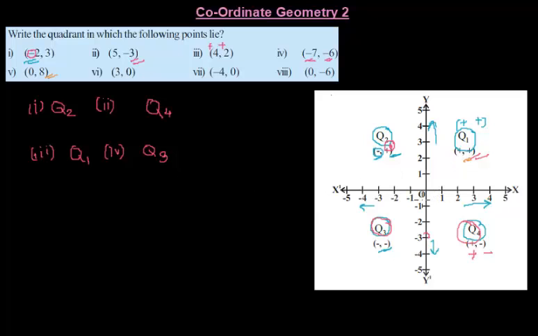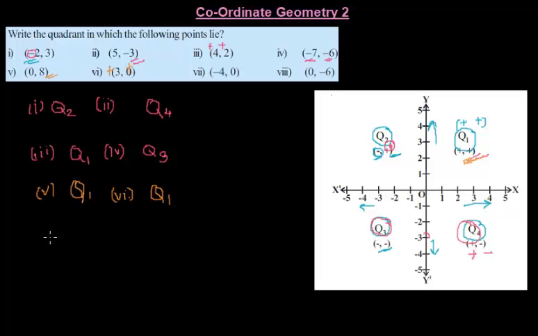Therefore, the fifth one is Q1 quadrant. Now let us take the sixth point. The sixth point is 3, 0. That means the x coordinate is positive and the y coordinate is also positive. Positive and positive again belongs to Q1 quadrant.